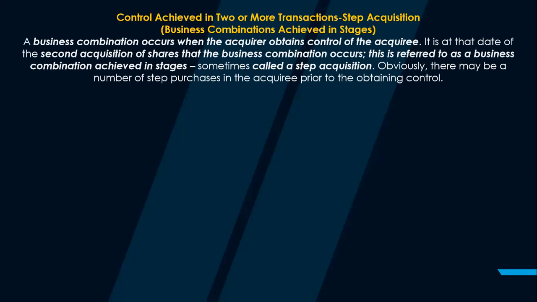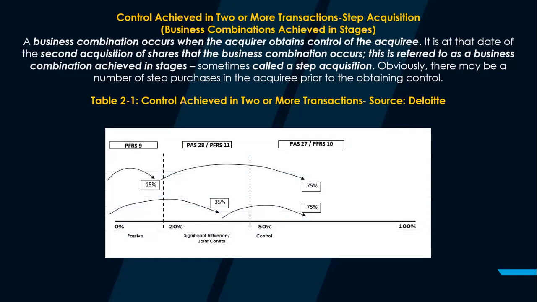It is referred to as business combination achieved in stages, sometimes called step acquisition. Obviously, there may be a number of step purchases in the acquiree prior to obtaining control.